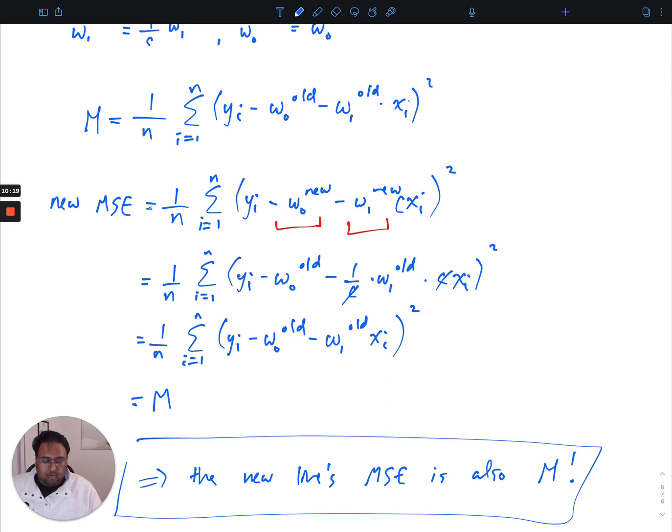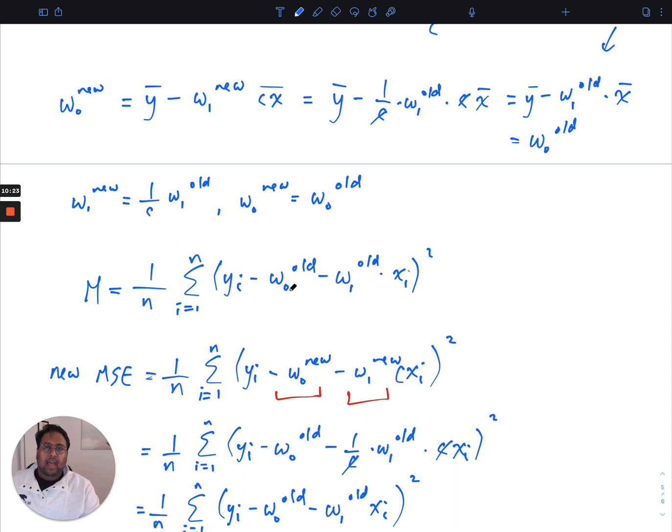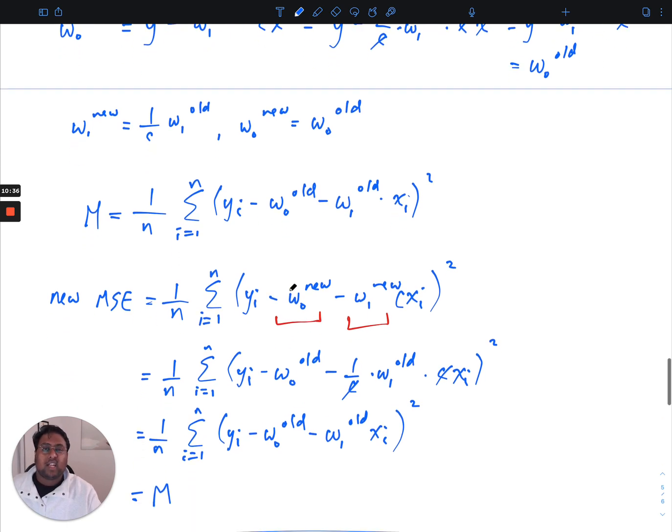The way we did it was by finding the new slope and new intercept of the line and plugging those into the formula for mean squared error after we found a relationship between the new slope and new intercept with the old slope and old intercept. So that's it. Mean squared error of the new regression line, it's just m.